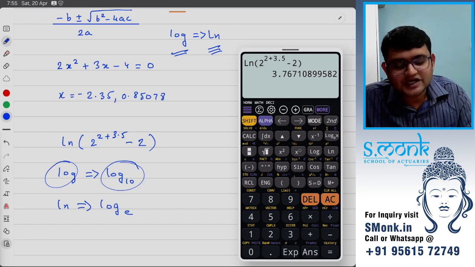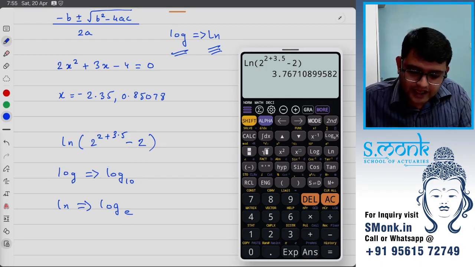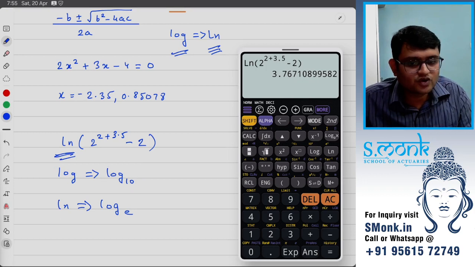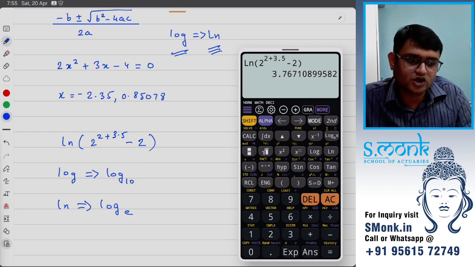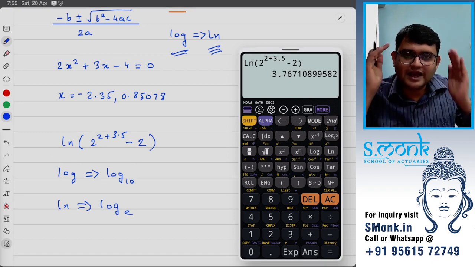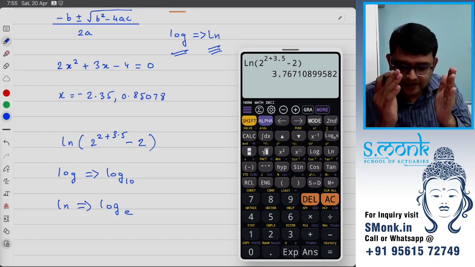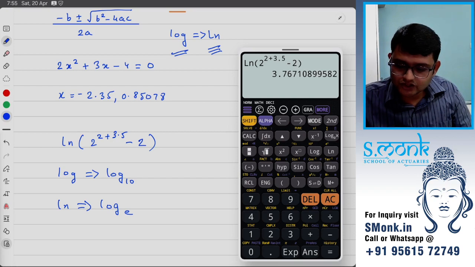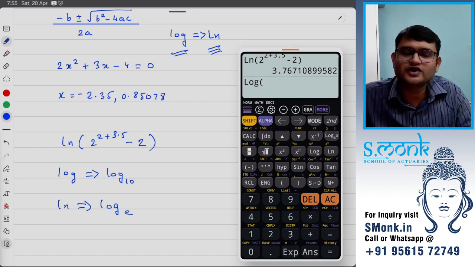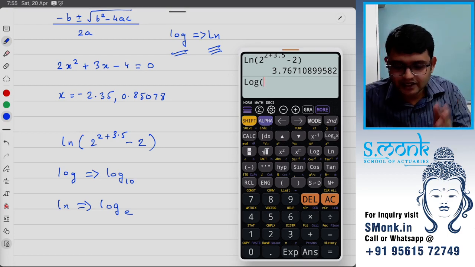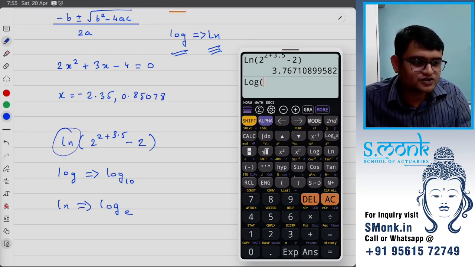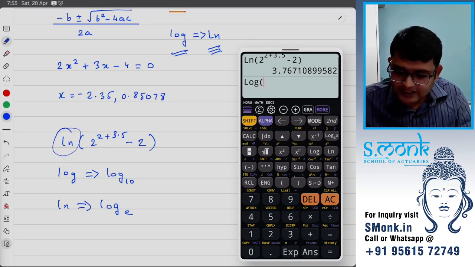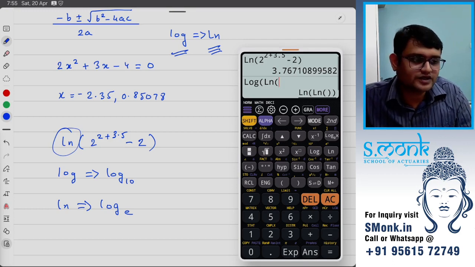So that is why I have started practicing writing ln. This you will find as we go along that I write ln. I don't write log, even though in the book it is written log. Because my mind was trained that if I am writing log, I should press this log button. And I used to get wrong answers. So I started training my brain to write ln so that I press ln in the calculator.